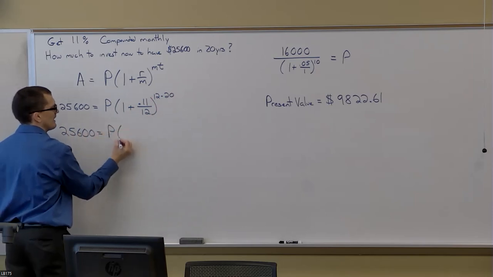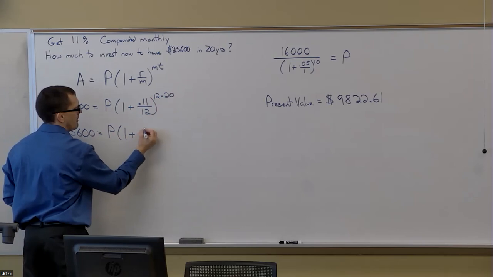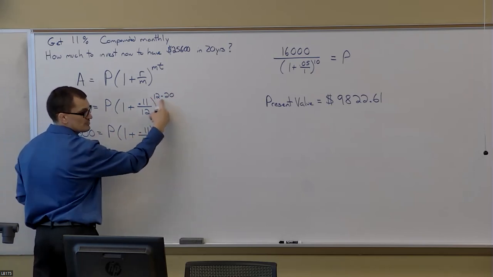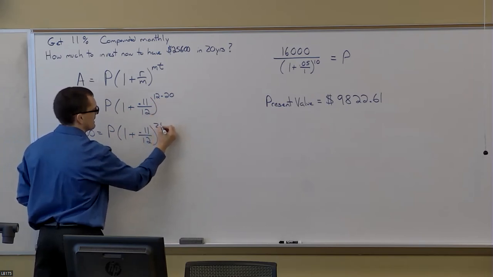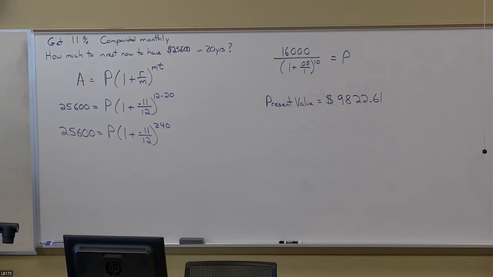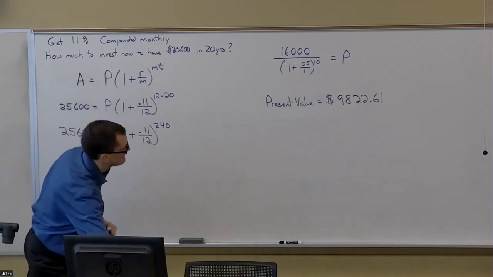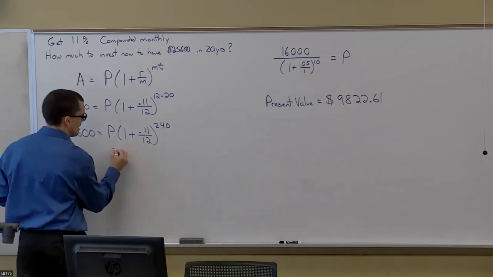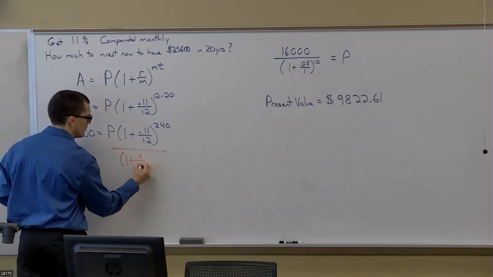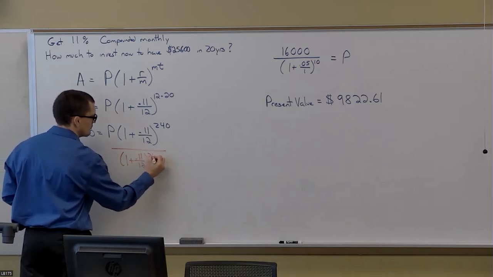In this one, I'm particular about always making sure I multiply this out when I write it into my calculator, just so I don't have any mistakes. 12 times 20 is 240. That's something you can just type in on your calculator. And then we divide both sides by 1 plus 0.11 over 12 to the 240th power.